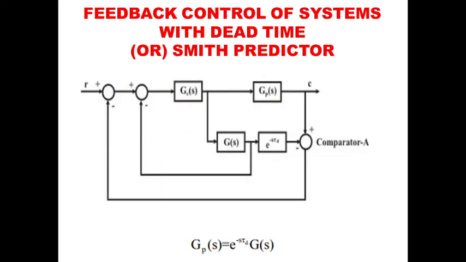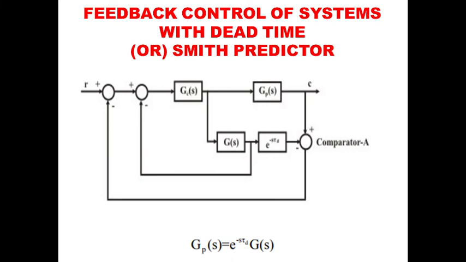Next we are going to discuss feedback control of systems with dead time, or the Smith predictor. Chemical processes having large transportation lag can be difficult to control, because a change in the set point or the load variable in the control system does not immediately reach the output variable of the process because of the effect of the transportation lag parameter, or dead time.